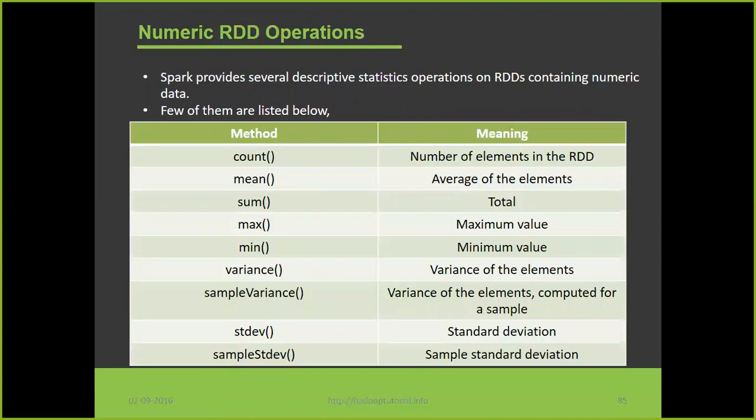And if you have an RDD with numeric types, meaning int, double, float, you can apply these numerical methods: count, mean, sum, RDD.sum, RDD.max, RDD.min, all these things.